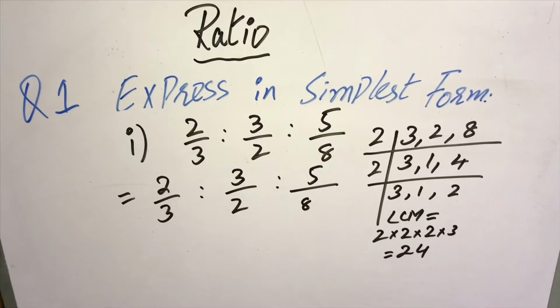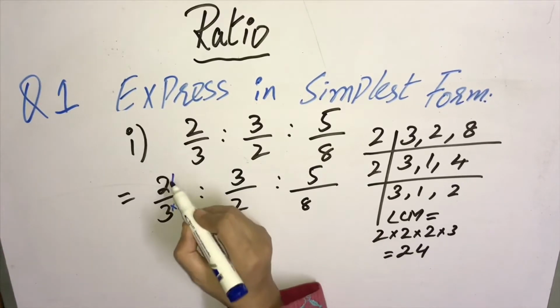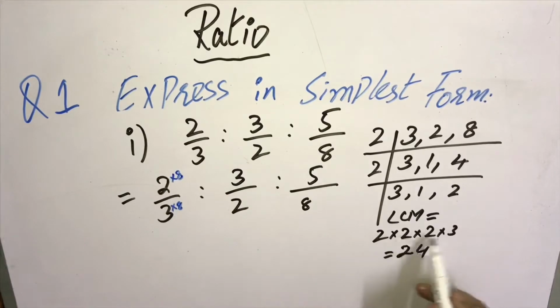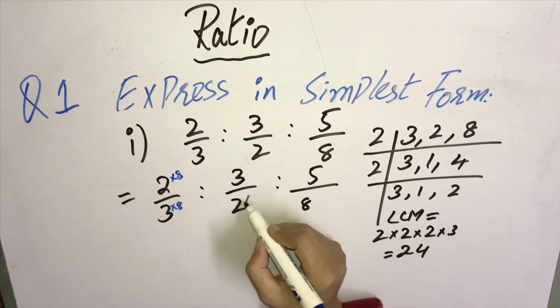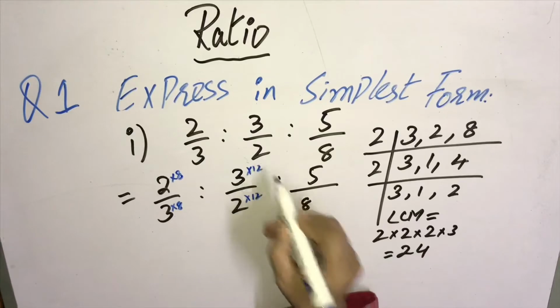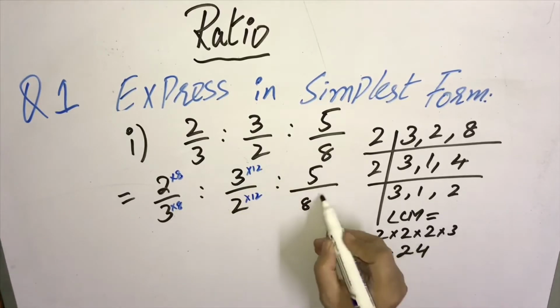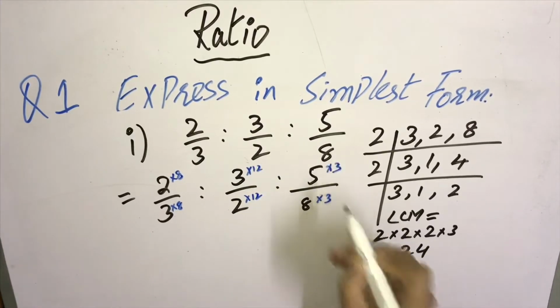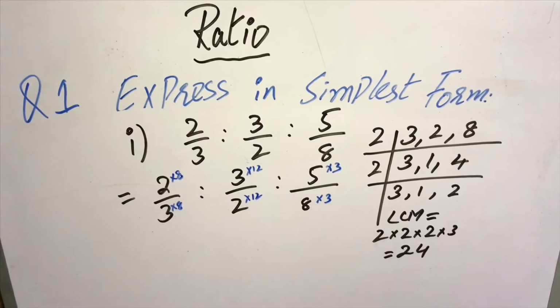I shall multiply this 3 with 8, this 2 with 12, and this 8 with 3. You can see from here we can find with which number we are going to multiply.